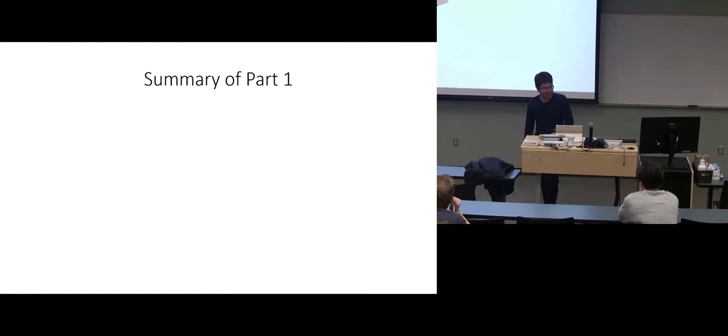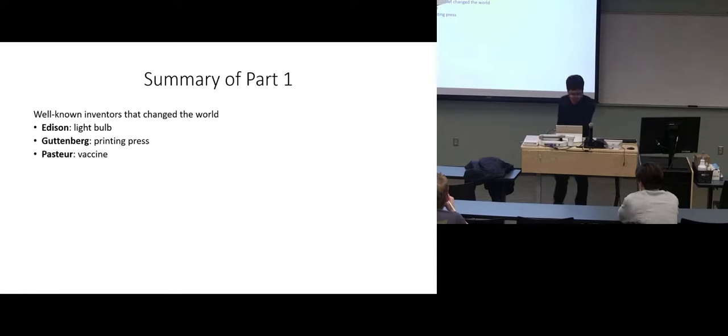My point is that people know well a lot of inventors that changed the world, like Edison who invented the light bulb, Gutenberg who invented the printing press, and Louis Pasteur who invented the vaccine. They get great credit, and they really changed the world. They created a whole industry.